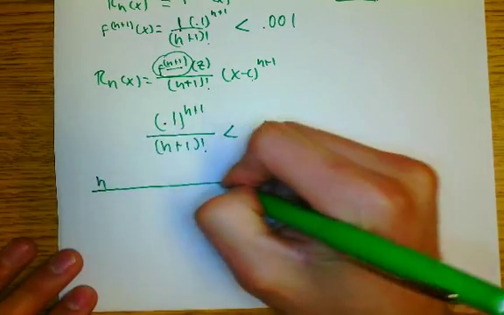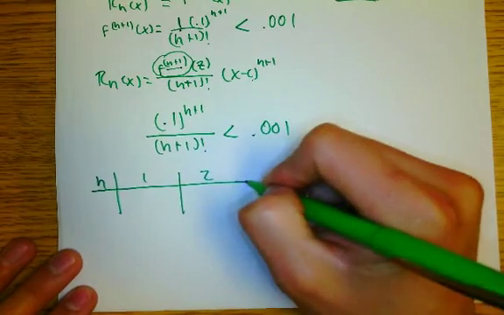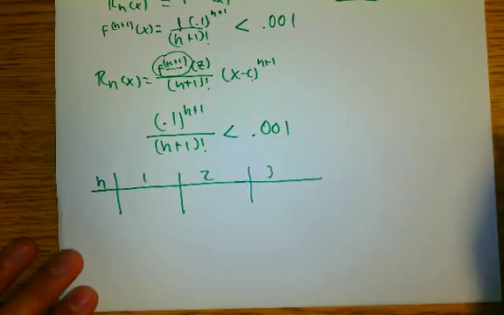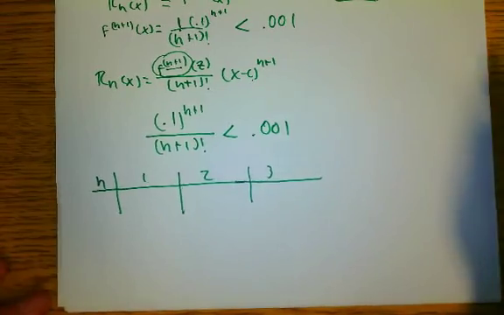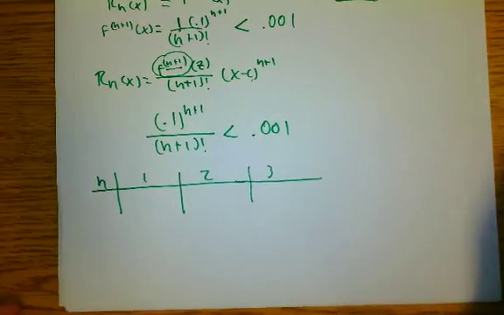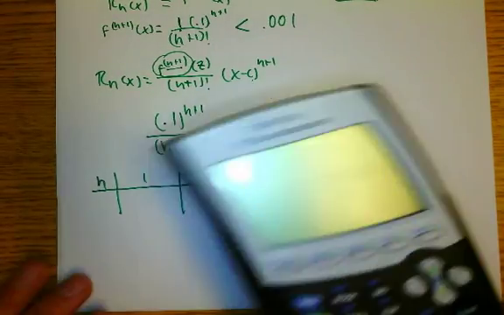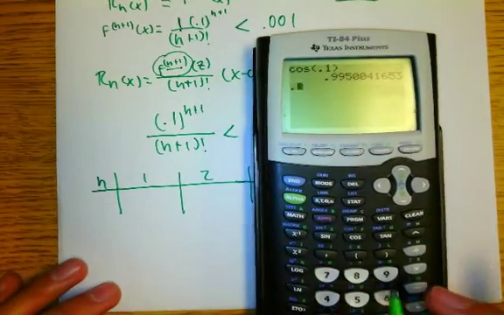Here's what I'm going to do because I'm lazy. I'm going to store the value, 0.1, and type the expression exactly how it looks: 0.1 to the x plus 1 power over x plus 1 factorial.